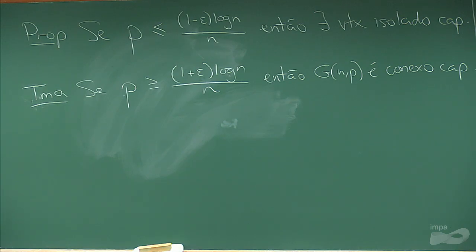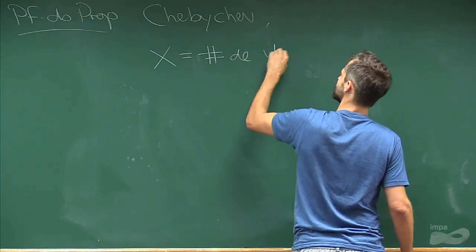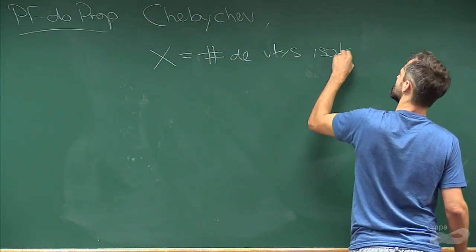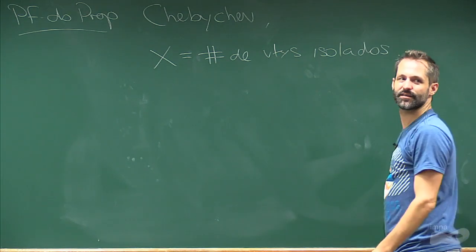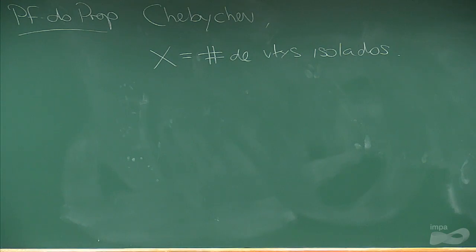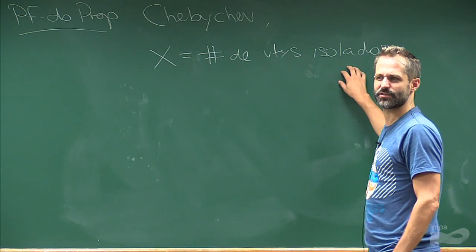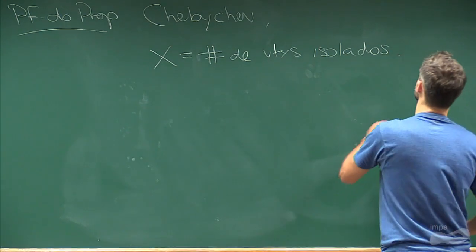Exactly. Chebyshev applied to X, the number of isolated vertices. The expectation is like n to the epsilon. The variance is small because any two vertices are basically independent. The dependence is the edge between them, which probably isn't there, so it doesn't make much difference. Okay? Questions? So we've done that last class.